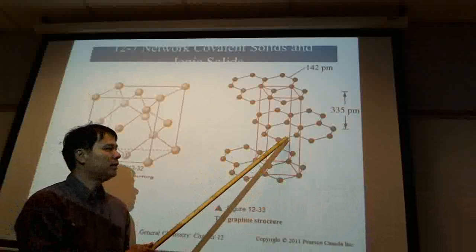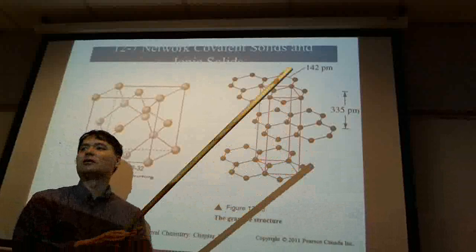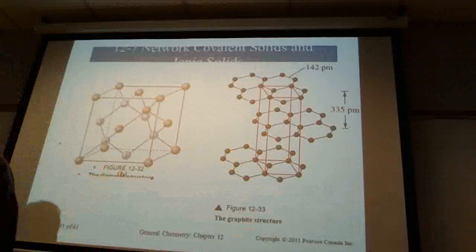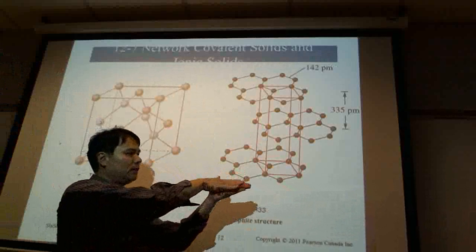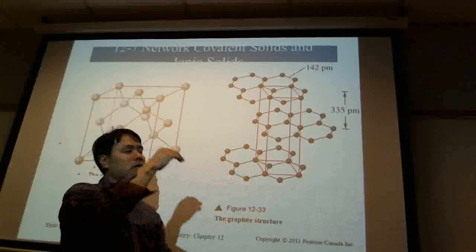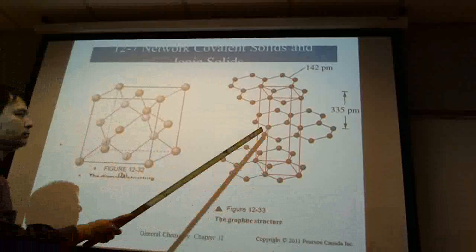But if you look between the sheets, then we just have dispersion forces holding the sheets together. And so graphite's used as a high pressure, high temperature lubricant because it can withstand high pressures and the sheets slide on top of each other to provide lubrication. And so this is a very good high temperature, high pressure lube.